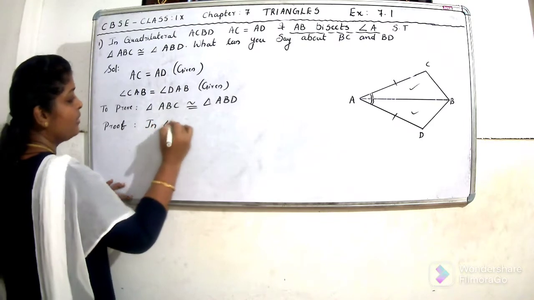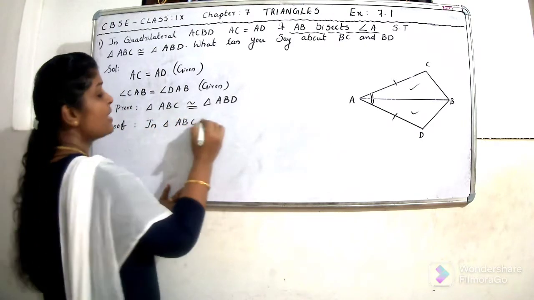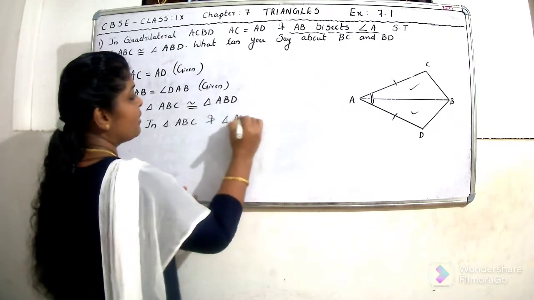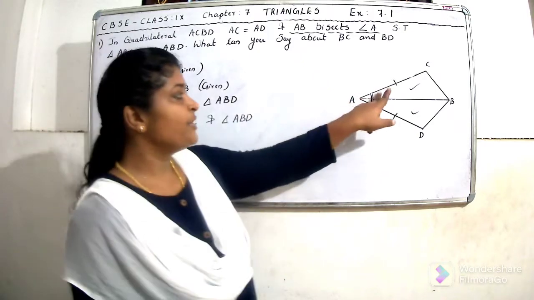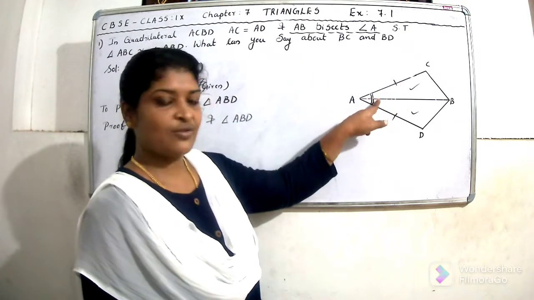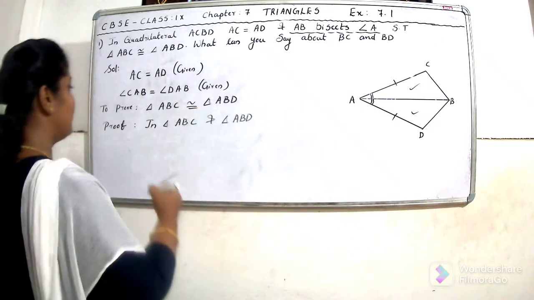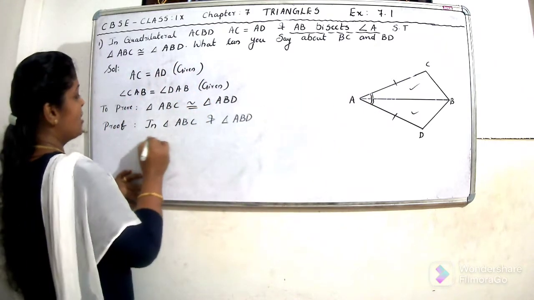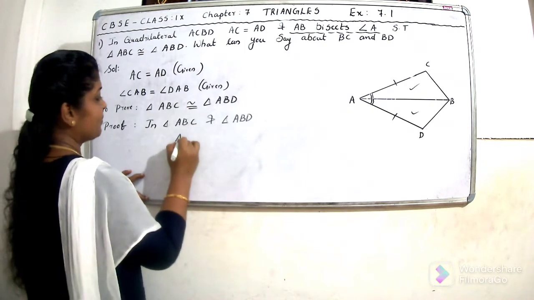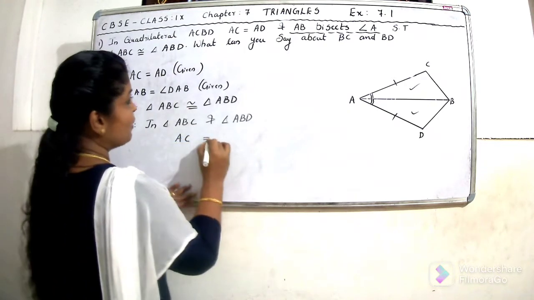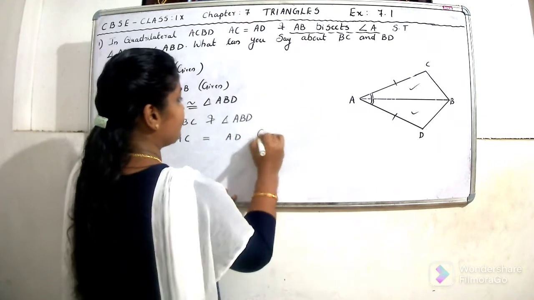Proof. We first consider triangle ABC and triangle ABD. Two pieces of information they gave, one side and one angle, so that is what we write first. From the top triangle, AC is equal to AD, given.